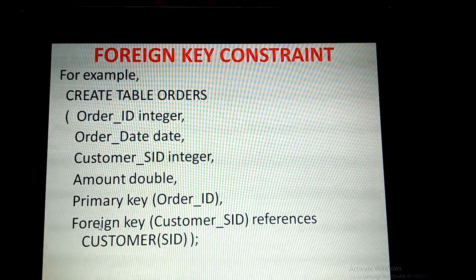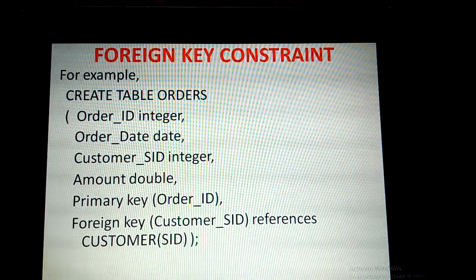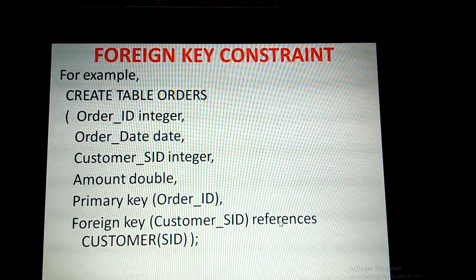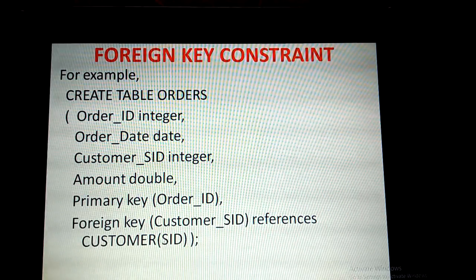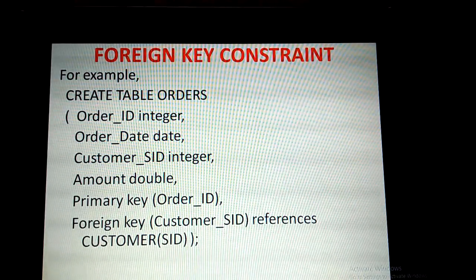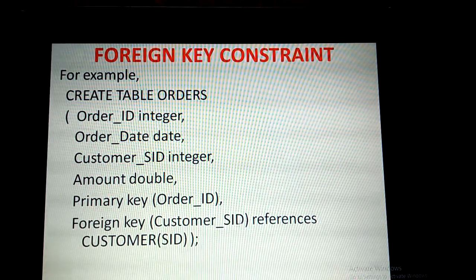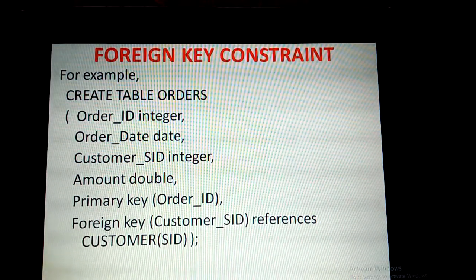So we are using the foreign key constraint in order to make that customer SID which is used in the subtable orders refer to the base table customer. That SID, the customer underscore SID field, is going to be referred from the customer table by this orders table customer underscore SID. Okay, so like this we need to write the format when we are assigning some field as a foreign key in the subtable.